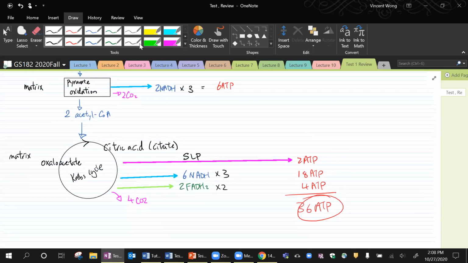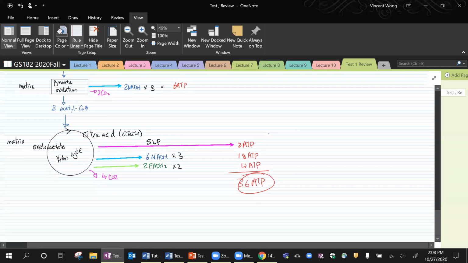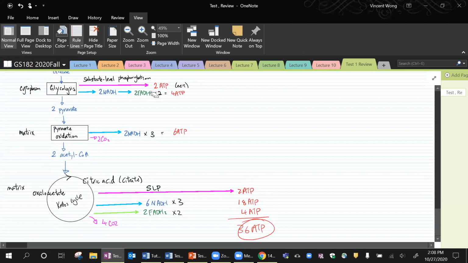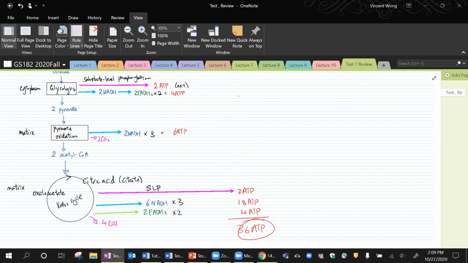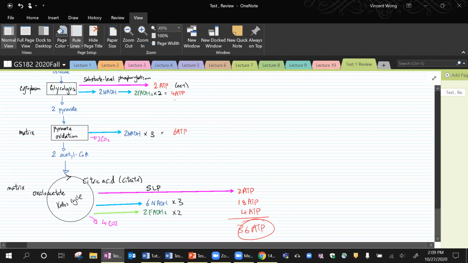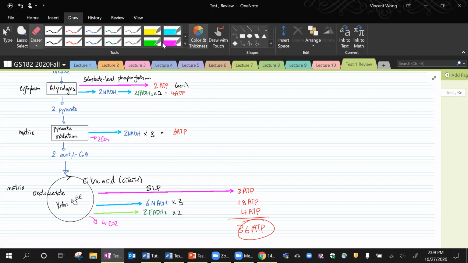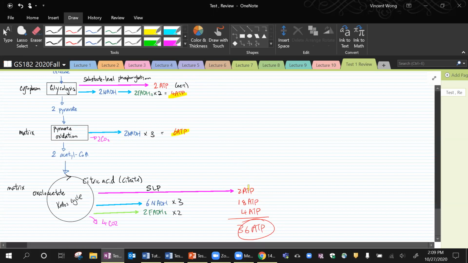So I forgot what I was talking about earlier. Right. So other than the 2 ATP here and the 2 ATP here, they are produced by substrate level phosphorylation. The rest of them are produced by oxidative phosphorylation, right? Okay. So I'm not sure how I can do this. Maybe I highlight all these ones.